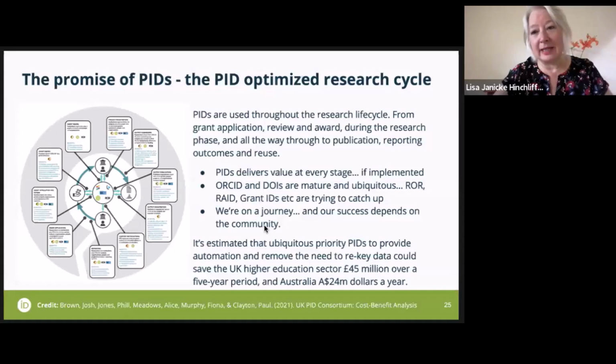And a similar estimate is 24 million Australian dollars every year. So, these numbers are, of course, estimates based on a lot of analysis, but that's a significant amount of savings across the ecosystem if we can ensure this, in addition to, obviously, the benefits for end users with respect to discovery and the like. So this is the administrative saving.